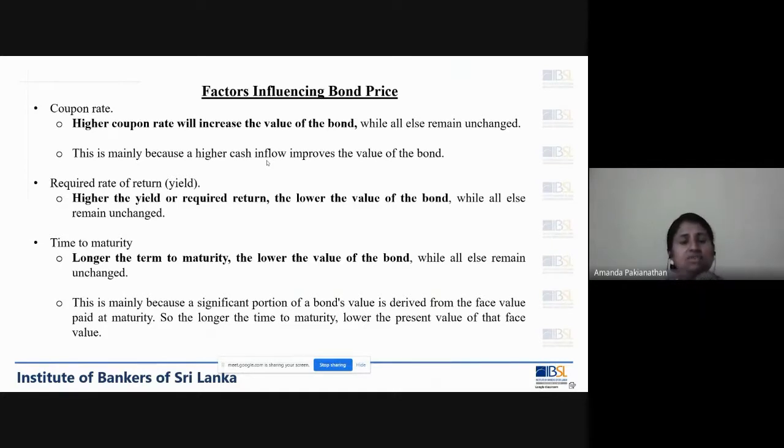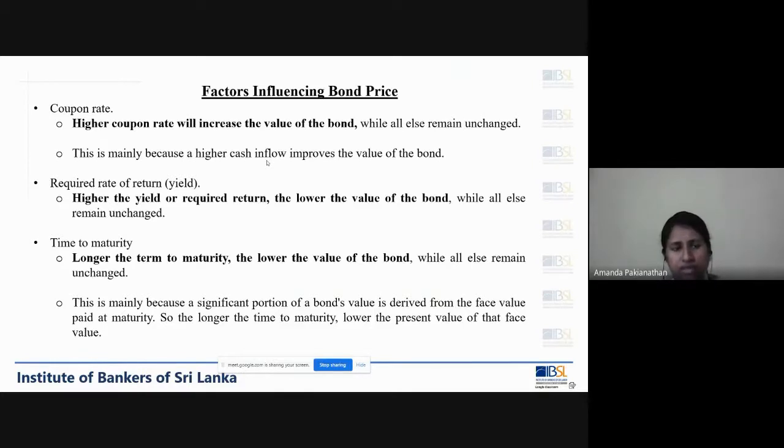The actual worth of this bond is influenced by what factors? What can increase the intrinsic value? What can decrease the intrinsic value?